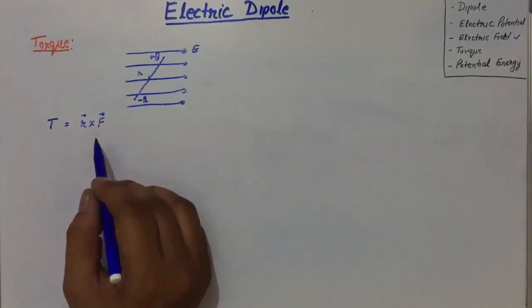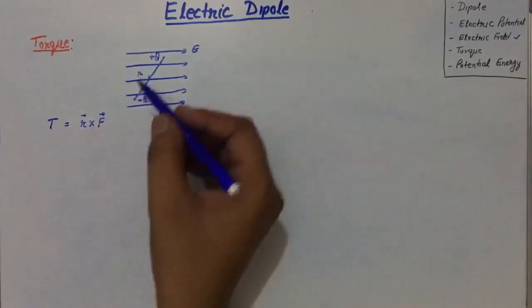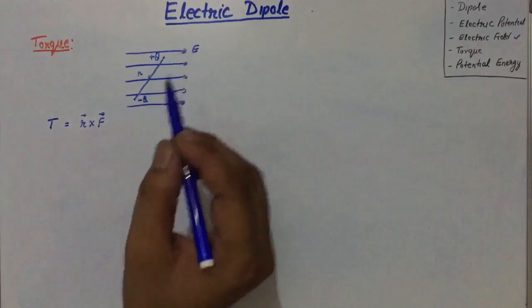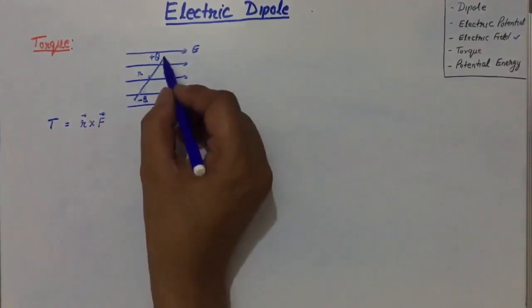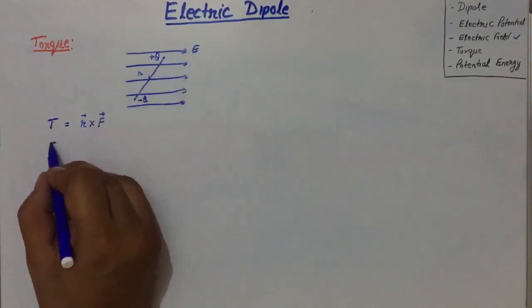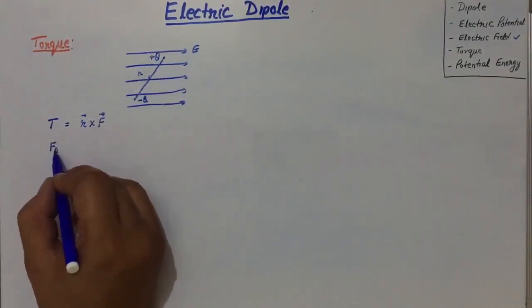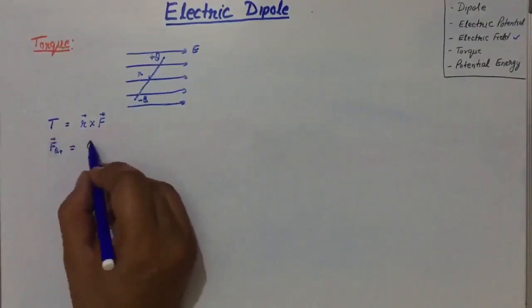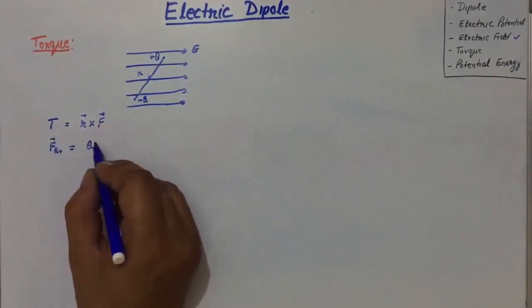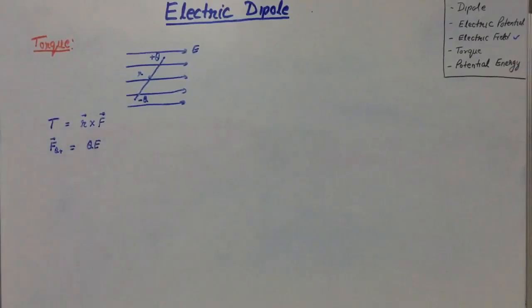And we know if any charge is placed in an electric field, then the force on the positive charge is equal to the charge times the electric field. From the formula we know, we have derived it already.